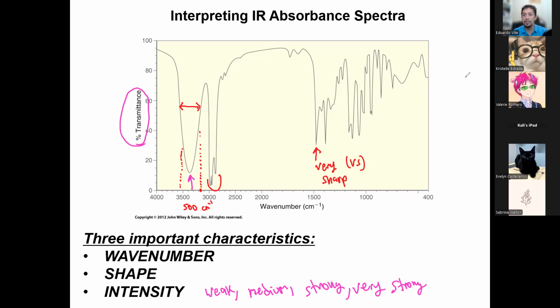They are not being absorbed a lot. So just think of the height. The longer the peak, the stronger it is, right? Just look at the size of the peak. If it's a tiny peak, obviously it's very weak. If it's a very large peak, obviously it's very strong, right? Then just look at the shapes too. So there's the shape, broad or sharp, there's wave number, the x-axis, and there's intensity, the y-axis.